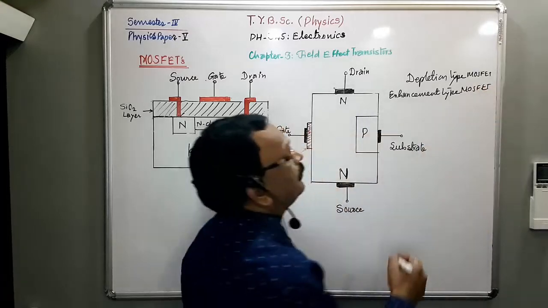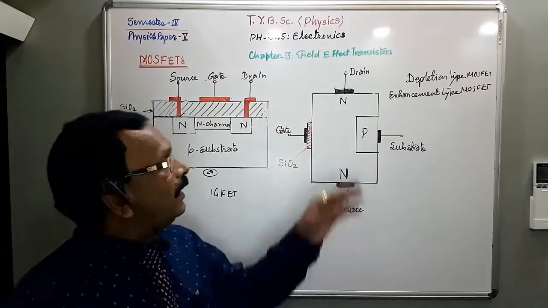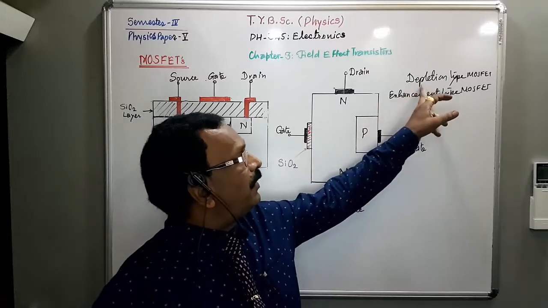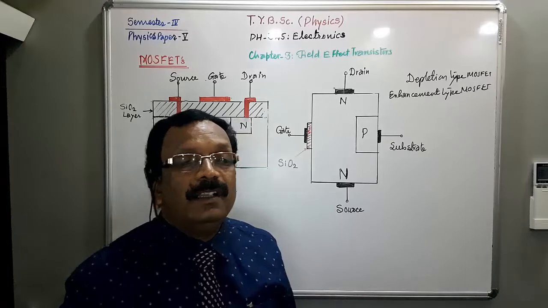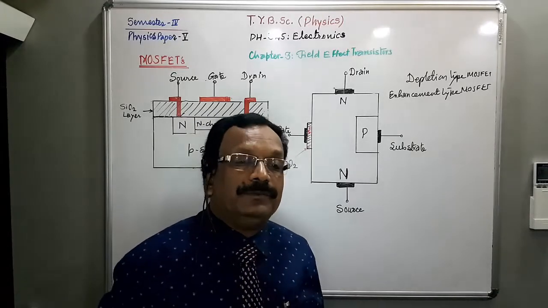This is the second type. Basically there are two types of MOSFET: first is depletion type and second one is enhancement type MOSFET. Now we are going to see one by one.